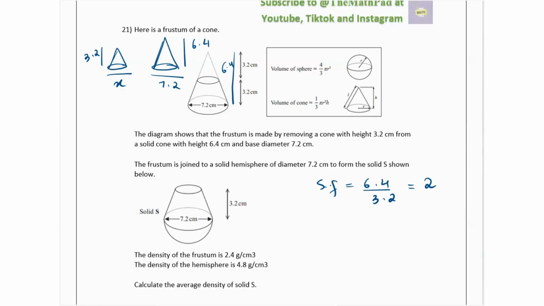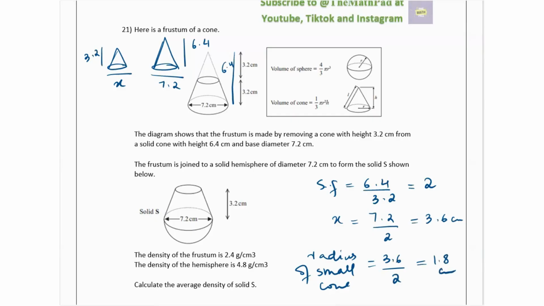Which means the diameter of the small cone, which is x, would be 7.2 divided by 2, which is 3.6 centimeters. So the radius of the small cone would be 3.6 divided by 2, which is 1.8 centimeters.